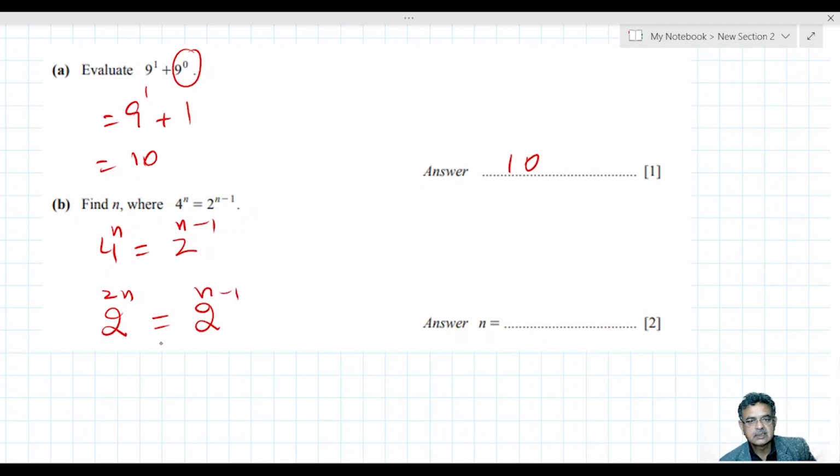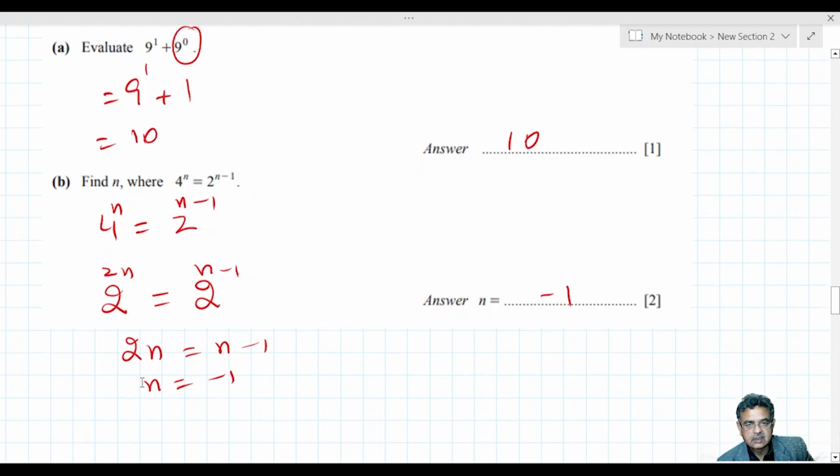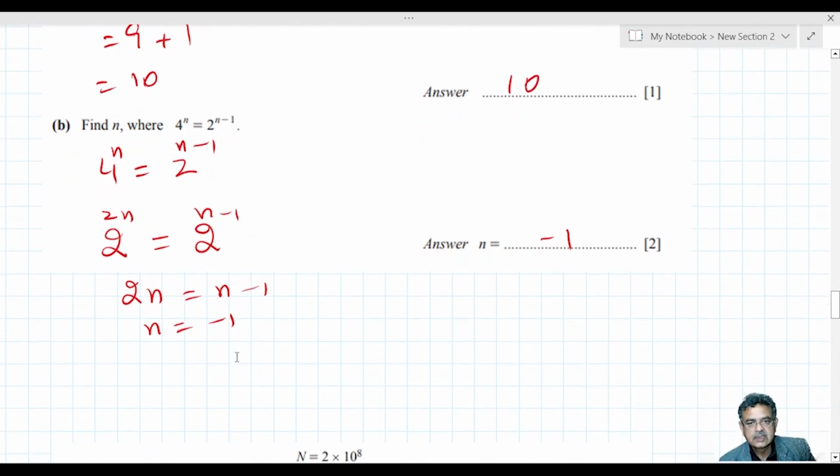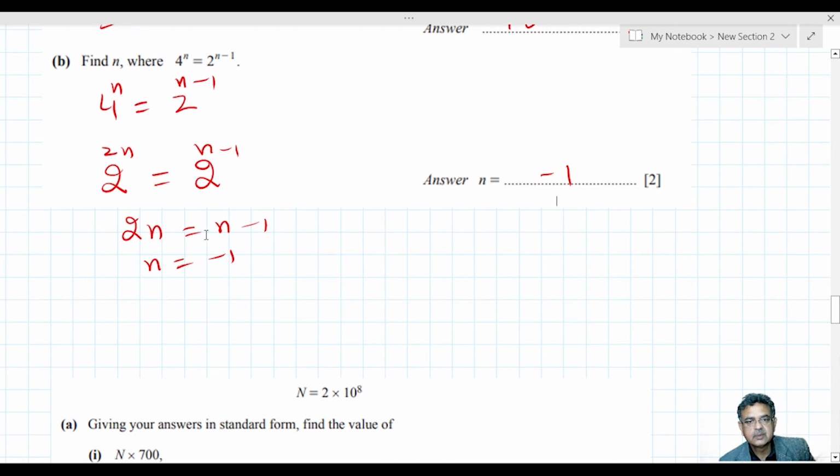Now bases are same, then powers are equal. 2n equal to n minus 1, then n is equal to minus 1. So n is equal to minus 1. I think it is not complicated to understand. That's very simple. 2n minus n, that will be 1n.